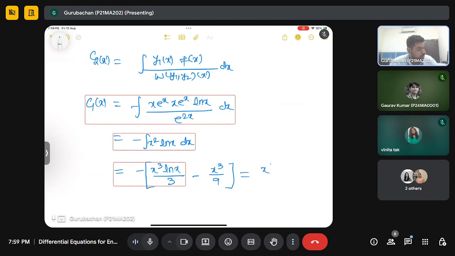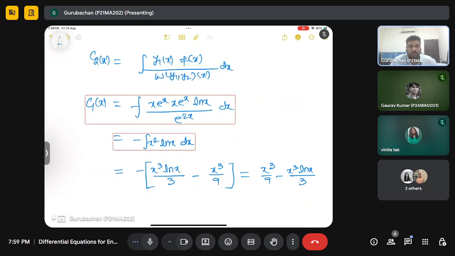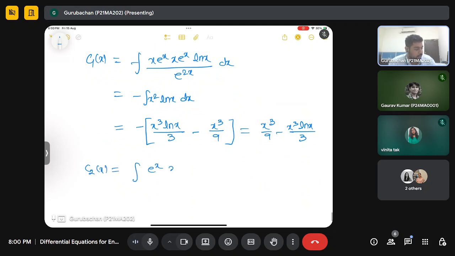So this will be x cube by 9 minus x cube ln x divided by 3. This is your C1. Now C2 of x will be y1 of x, that is e to the power x, and RHS is x e to the power x ln x divided by e to the power 2x dx.